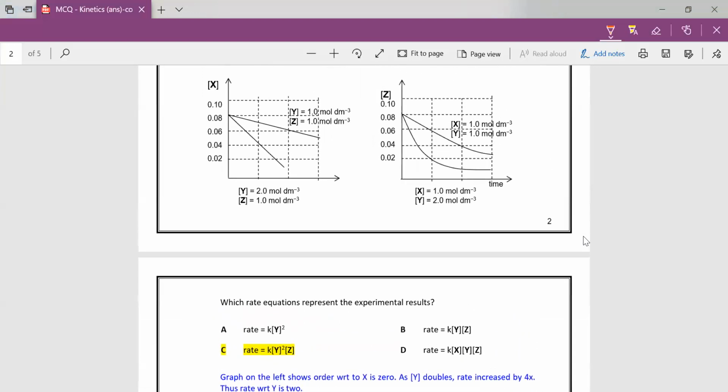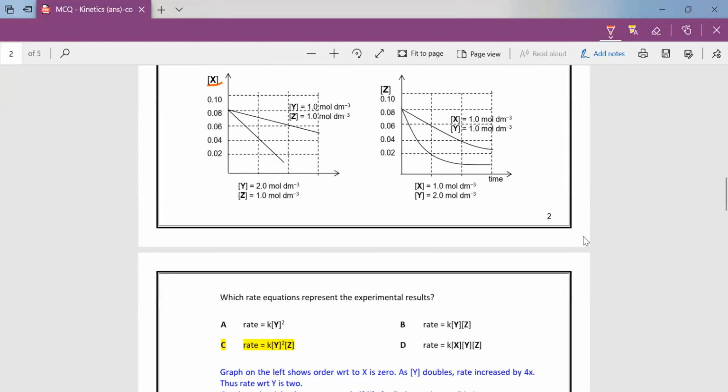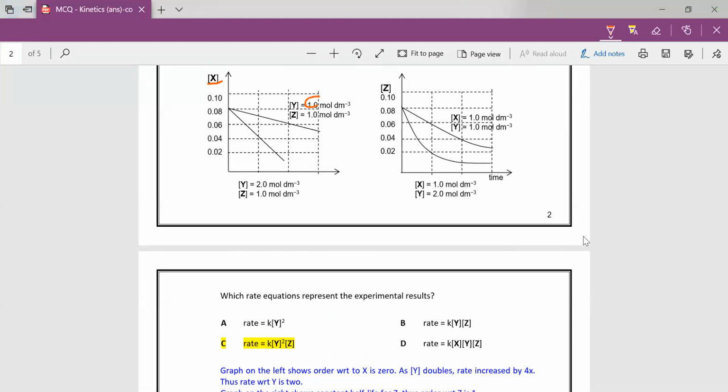All right. So we are monitoring X. You can see that it's being used up over time, straight line. And as Y doubles, right? You can see as Y doubles, the rate is increased by 4 times. So rate with respect to Y is 2.